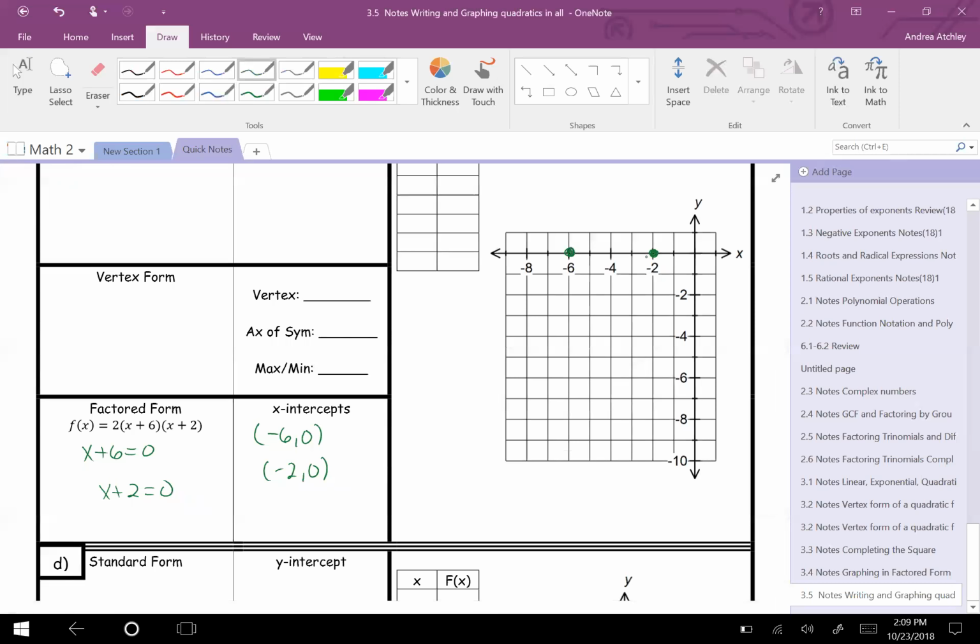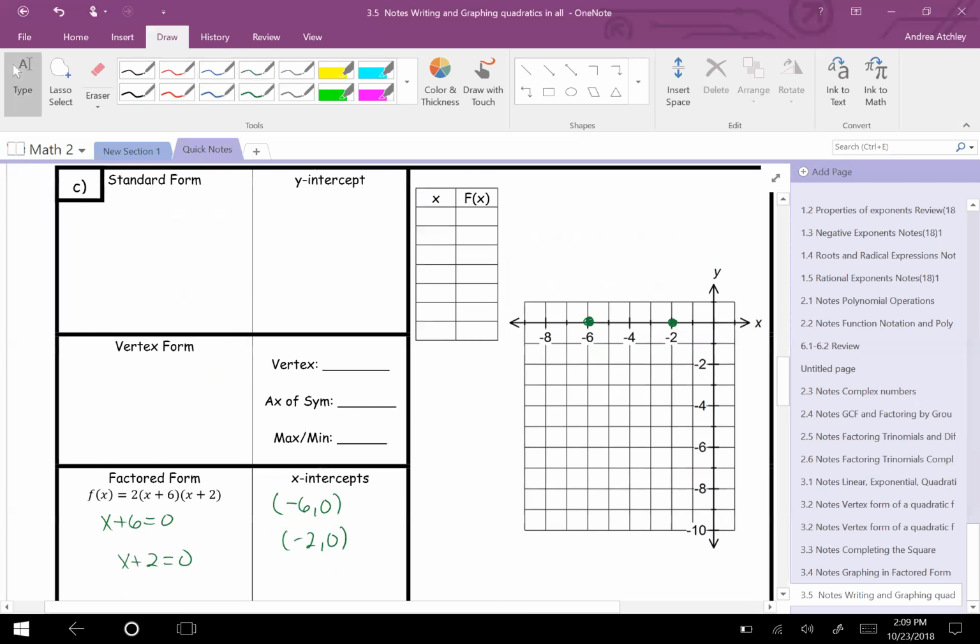Anything else I can do? What can I find from there? I can find standard form. Okay. Standard form, I'm just going to move this up here and multiply it out. So I have f of x equals 2 times x plus 6 times x plus 2.